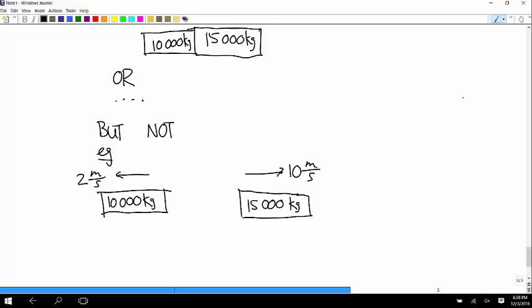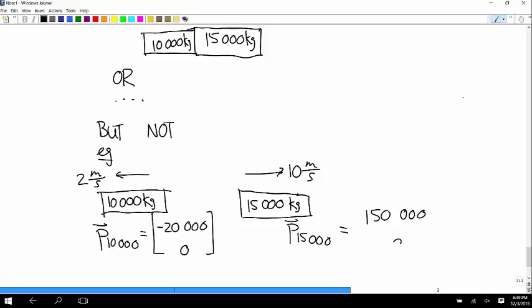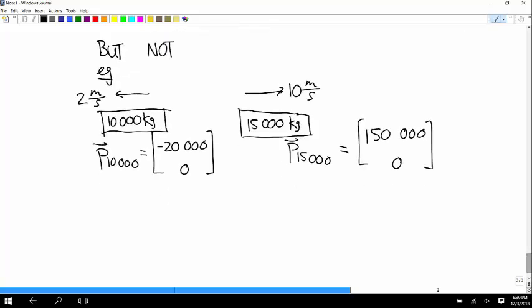That looks like a reasonable possibility, but if you add these up, you get a momentum for this one of negative 20,000, 0. The momentum for this one is 15,000 times 10, so positive 150,000, 0. And so P total would be 130,000.